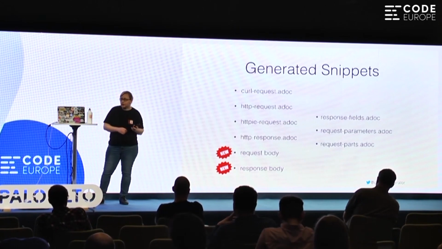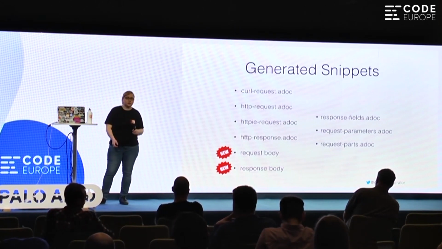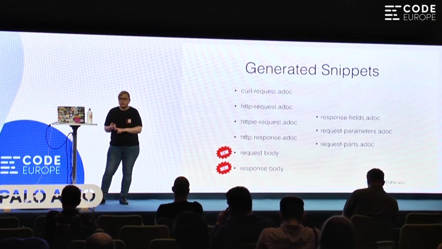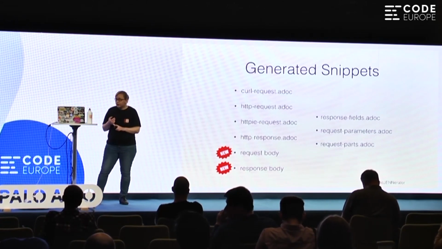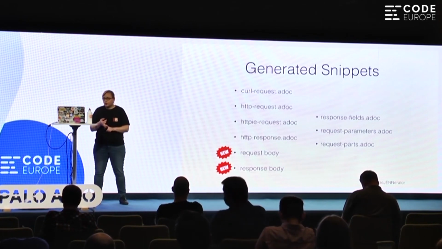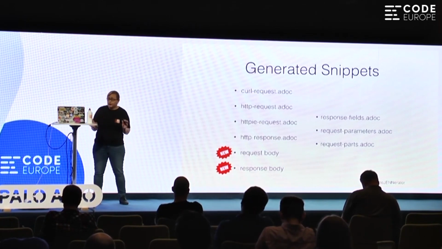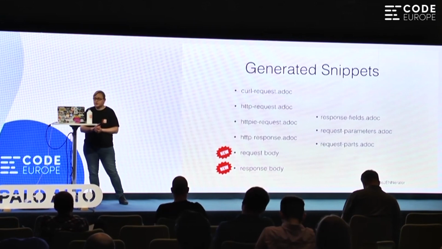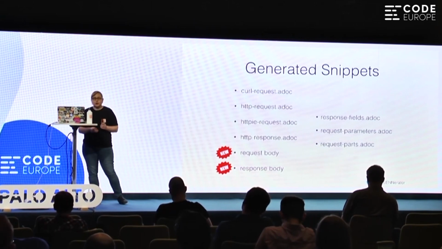The ones in the left column here are things that you get by default. So it generates the curl request that you would need to run to replicate it. You get request, HTTP if you really like that format, as well as these new ones that came in the new release. The ones on the right are optional.